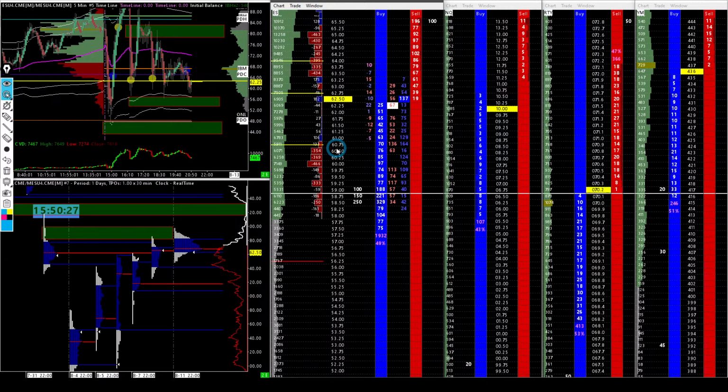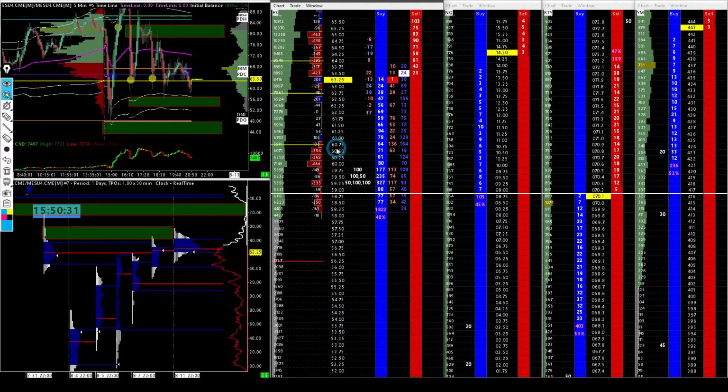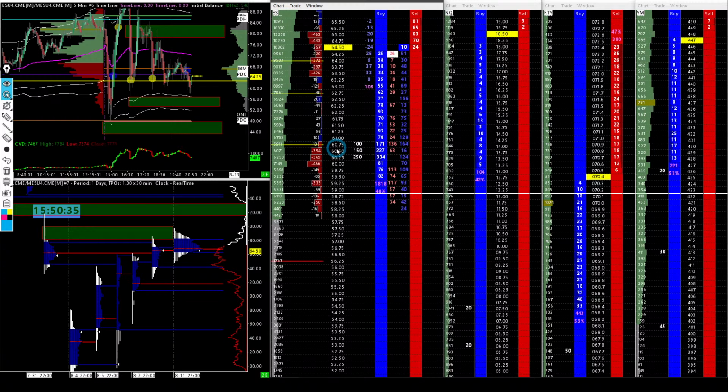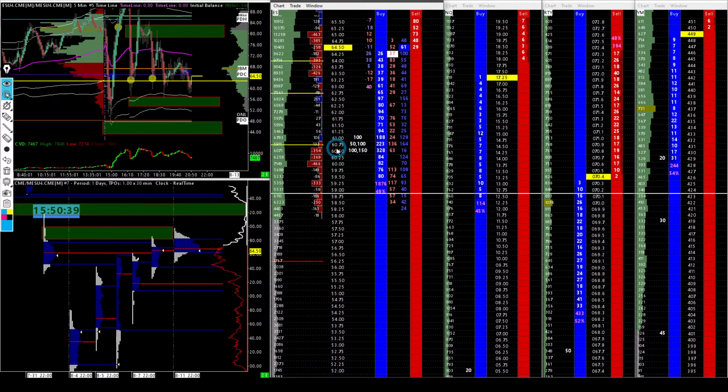Last line of defence. Sellers need to hold here, or it's back into the range we go. And there's going to be a lot of short liquidations if they continue.